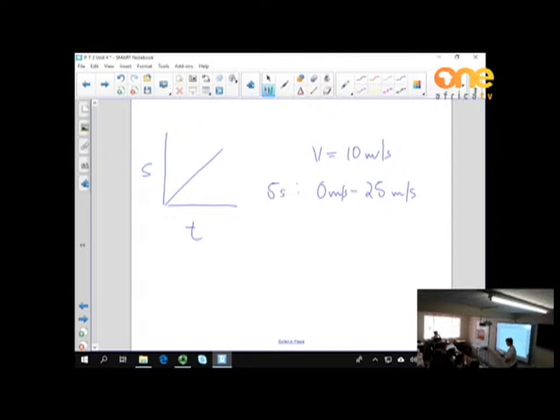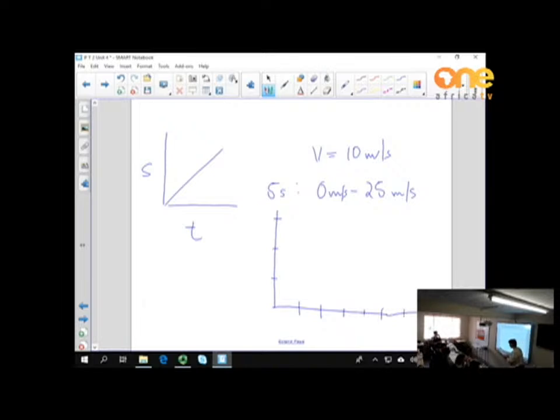Okay, so the motion of the car, they give you the graph grid. They've got 10, 20, 30. And over here we've got 1, 2, 3, 4, 5, 6, 7.